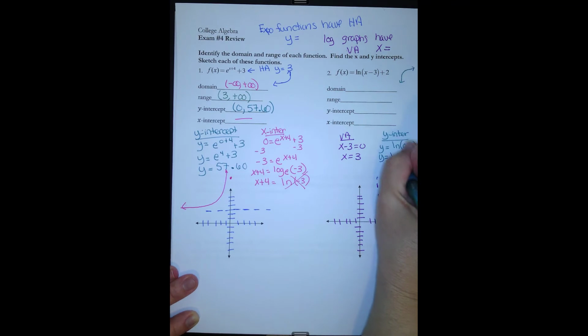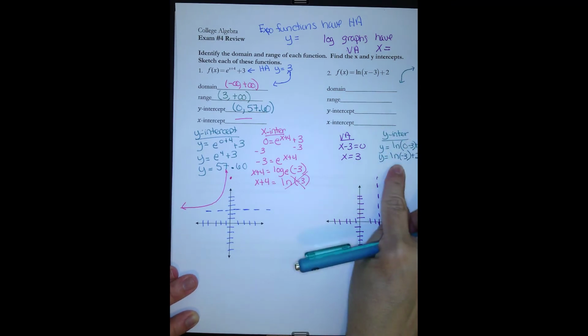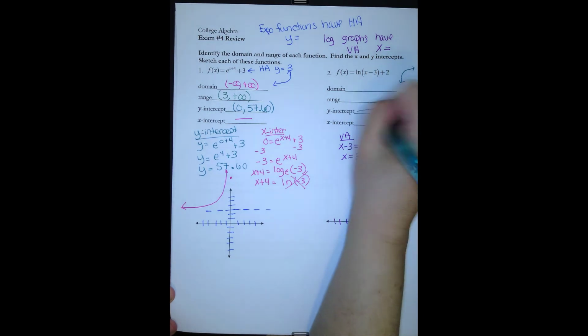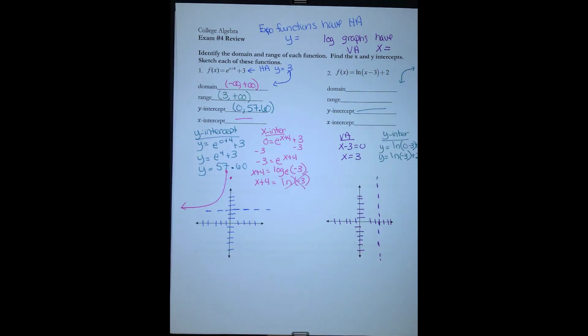Y equals the natural log of negative 3 plus 2. And once again, we cannot take the log of that negative number. So in this case, there is no y-intercept.